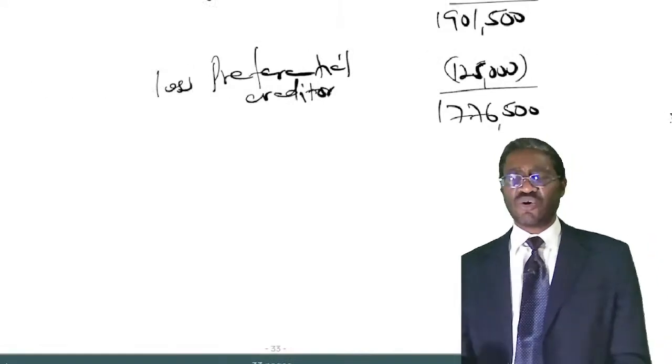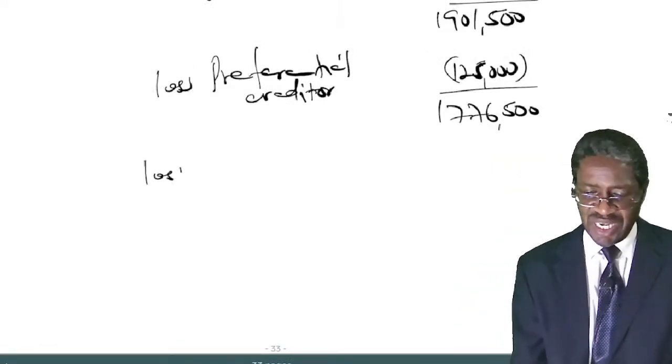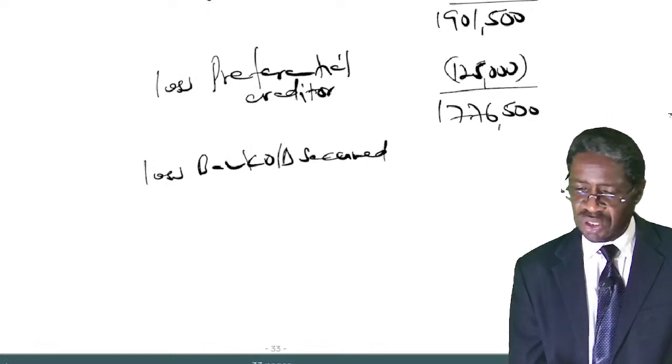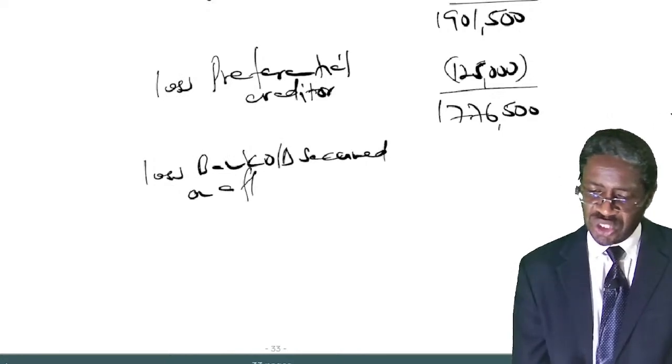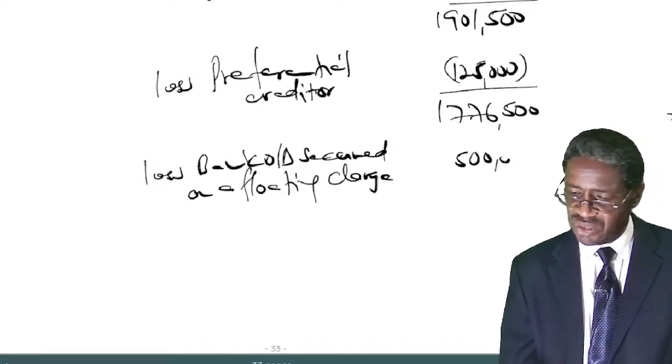So let's pay that overdraft now. It is secured on a floating charge. So come and see here, less: Bank OD secured on a floating charge is 500,000.